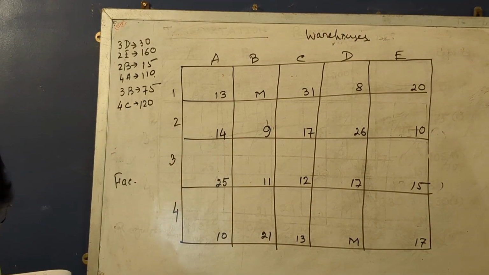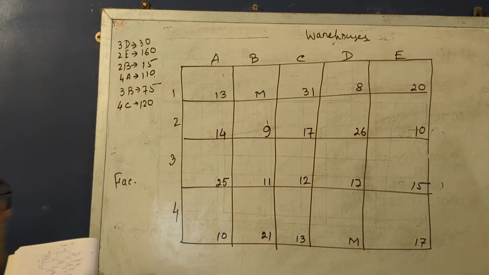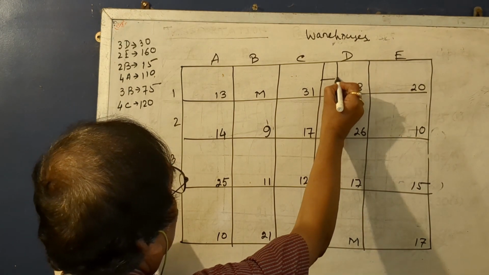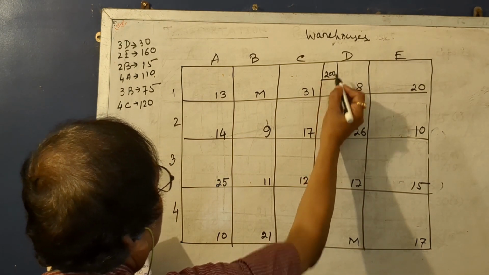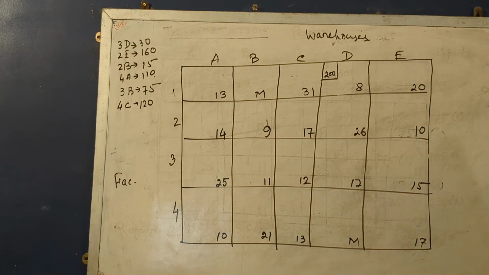And what are the basic allocations? The basic allocations will be 8, 200. This is the basic allocation which I have already done.